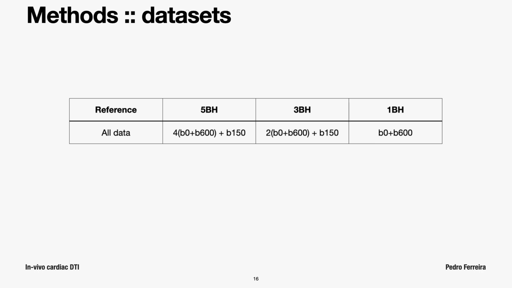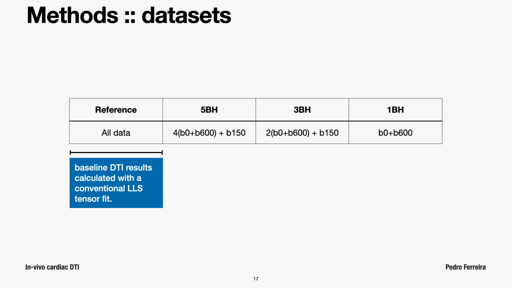We have 4 datasets in total. The reference results, calculated with all data acquired, used here as our ground truth. These were used to calculate the ground truth DTI results with a conventional linear least squares tensor fit.